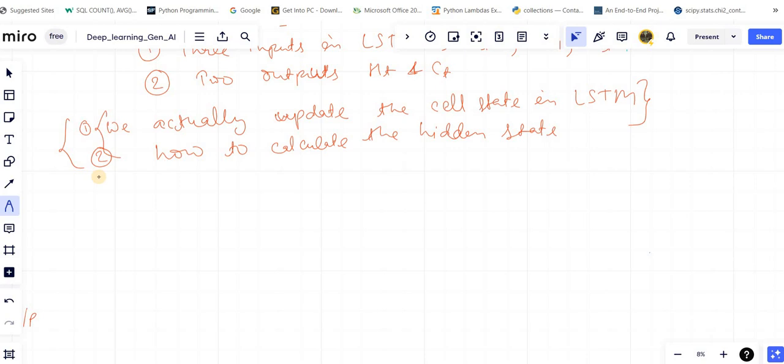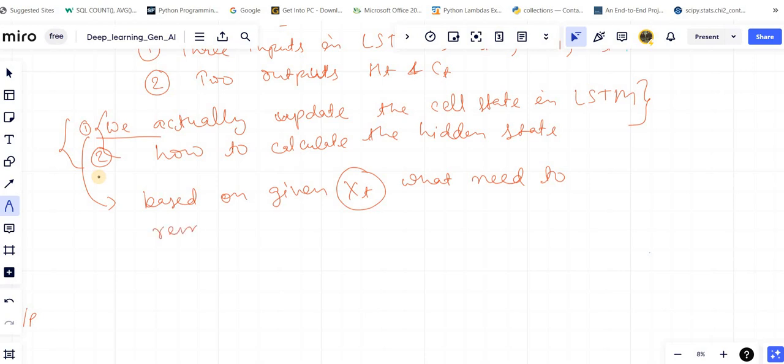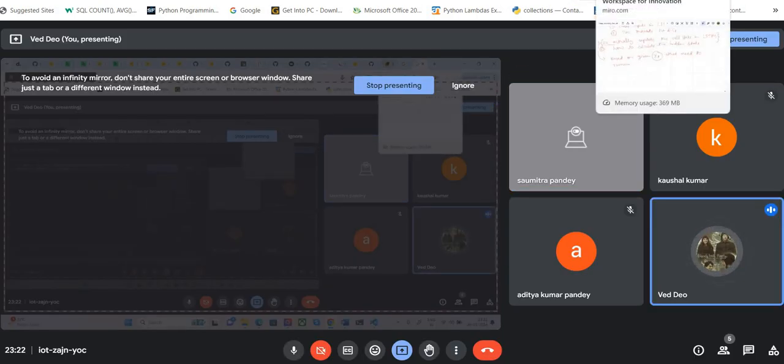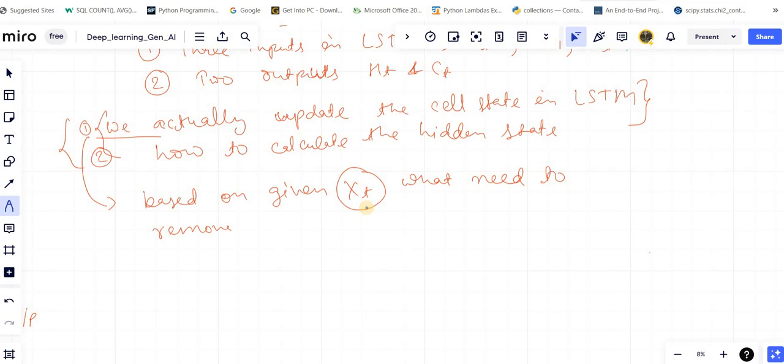If we expand point 1, based on the given xt, what needs to be removed from ct minus 1?